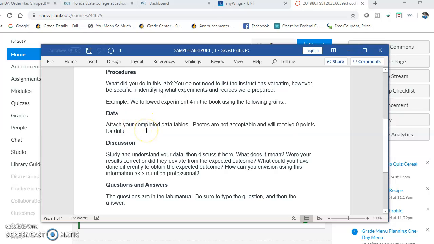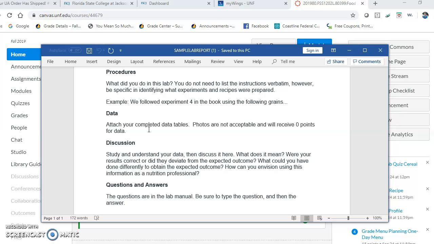You cannot take pictures with your phone and attach them there because it is not going to be professional looking. A lab report is a professional report that you are submitting to me, and photos of your data tables with your handwriting, number 1, are hard to read sometimes, and number 2, it is not professional looking.